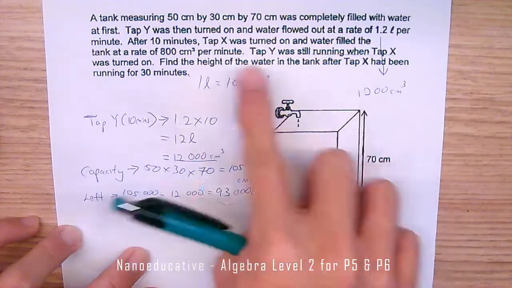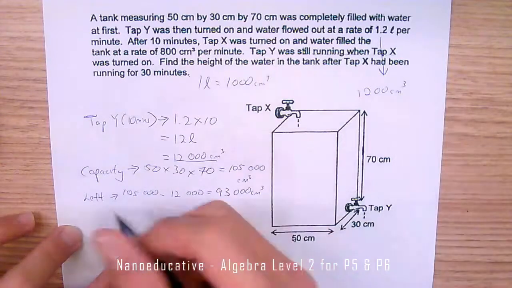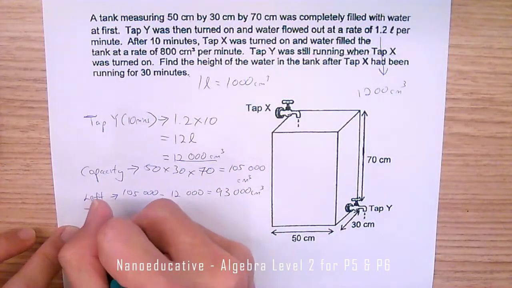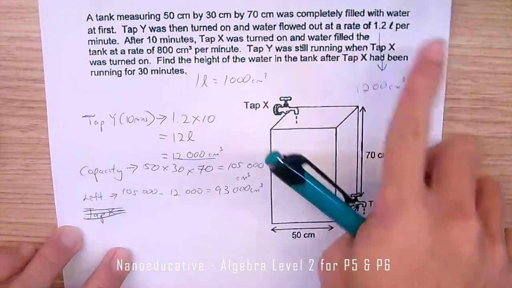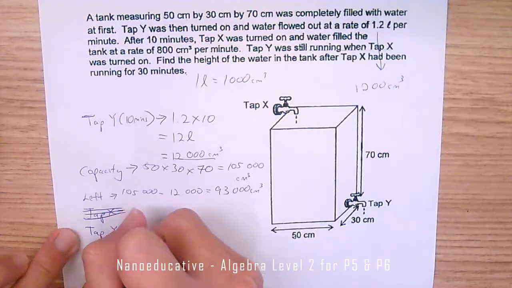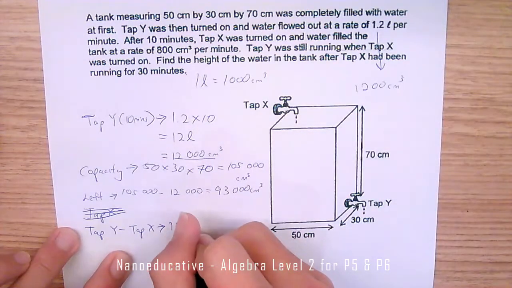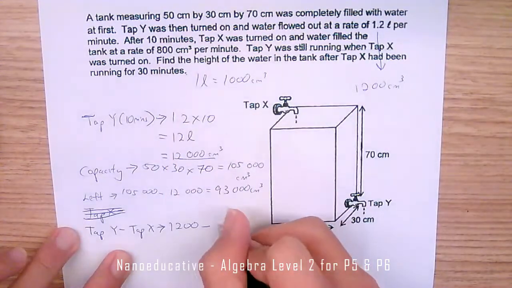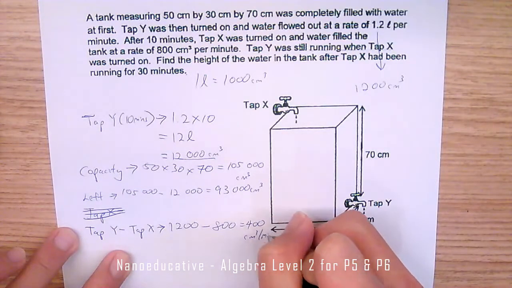Which means that in every single minute, more water is flowing out compared to water flowing in. So I'm going to write tap Y minus tap X, which is 1200 minus 800, giving me 400 cm³ per minute.